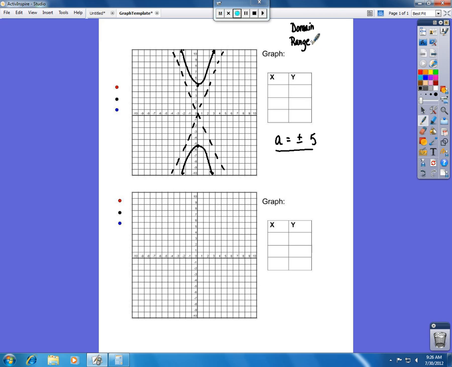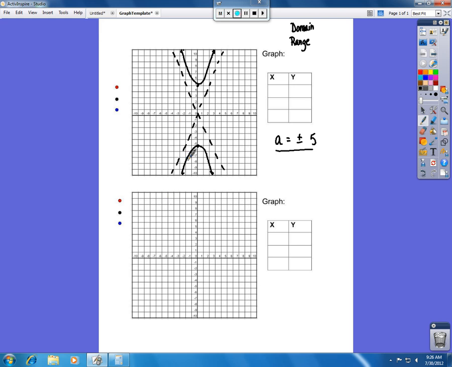So for domain, again, we're looking at all possible x values. And it's kind of hard to judge from the graph, but if you imagine these extending off into infinity, there is no gap in the possible x values you could have. If you look down here, there's a point here for x, there's a point here for x, there would be a point here.